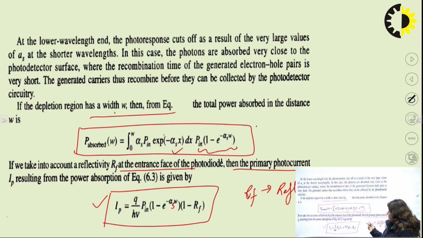If we know the reflectance RF, the absorption coefficient alpha S, W the depletion width, and P in the incident power, Q the charge of the carriers, and h nu, where h is Planck's constant and nu is given to you in numerical problems in terms of wavelength or frequency, we can easily calculate the value of the photocurrent.